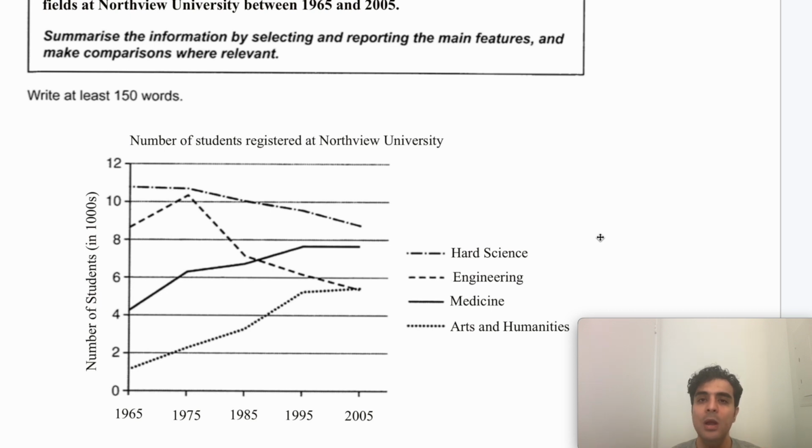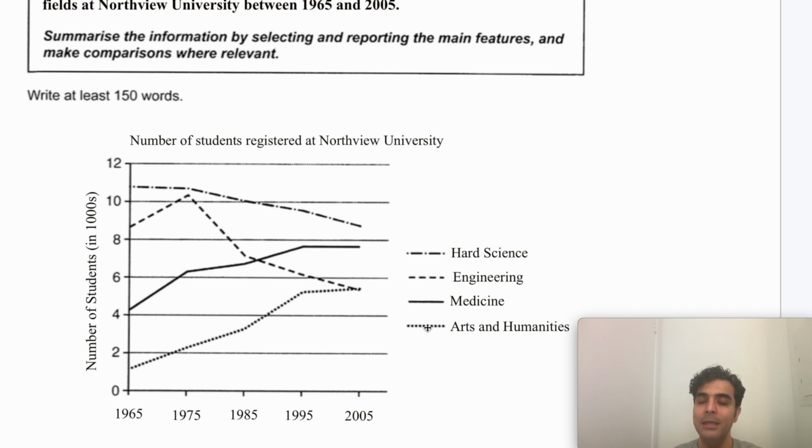So what can I do? I can bundle or group these variables together, ideally based on some kind of rationale. For example, I can see in this line graph that the number of students enrolled in hard sciences and in engineering majors has fallen from 1965 to 2005. On the other hand, the number of students enrolled in medicine and also in arts and humanities has increased.